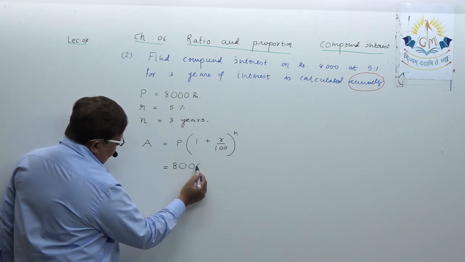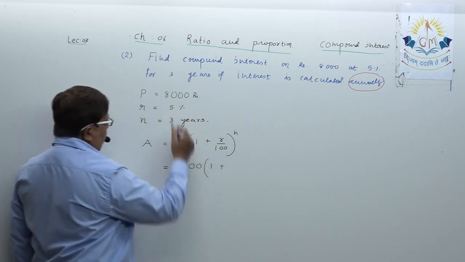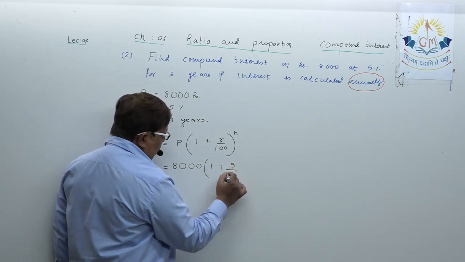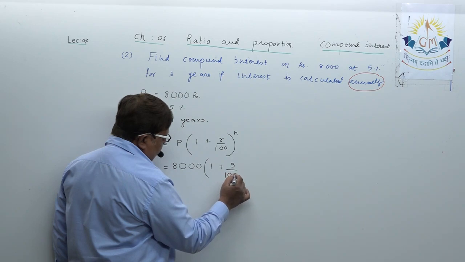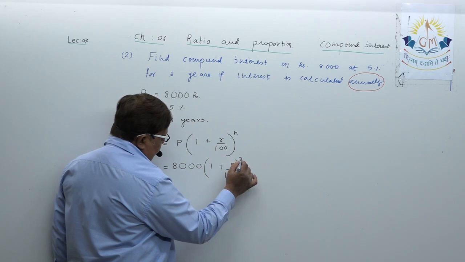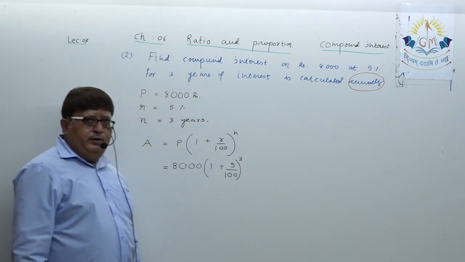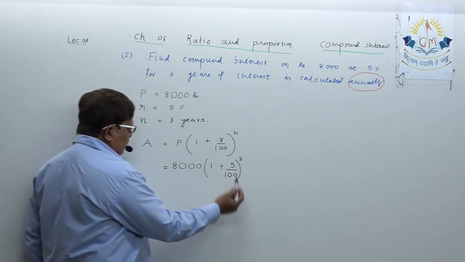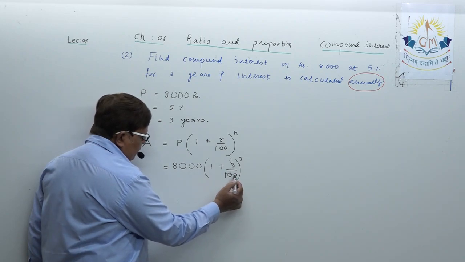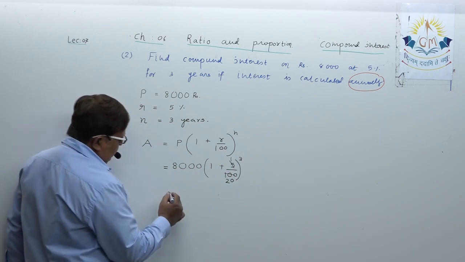8,000 into 1 plus, what is the rate of interest? 5 upon 100 raised to 3. Is it clear? Can you guess the next step? That is of cancellation, dear student. 5 ones are 5, 5 twenties are 100.